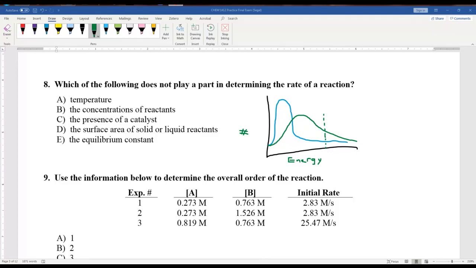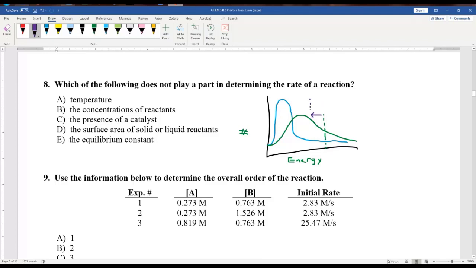What about the presence of a catalyst? Yeah, the presence of a catalyst is going to affect it, because it actually creates a different mechanistic pathway with a lower activation energy. So a catalyst is going to effectively take this line and move it over this way.